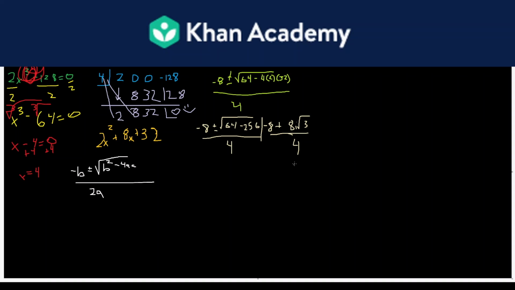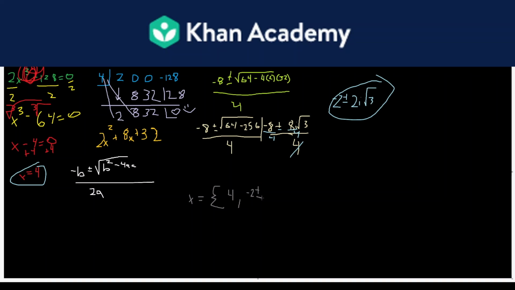And we can even further simplify that by dividing all of this by 4 to get negative 2 plus or minus 2i square root 3. So this and this give a final answer of x equals 4 or negative 2 plus or minus 2i radical 3.